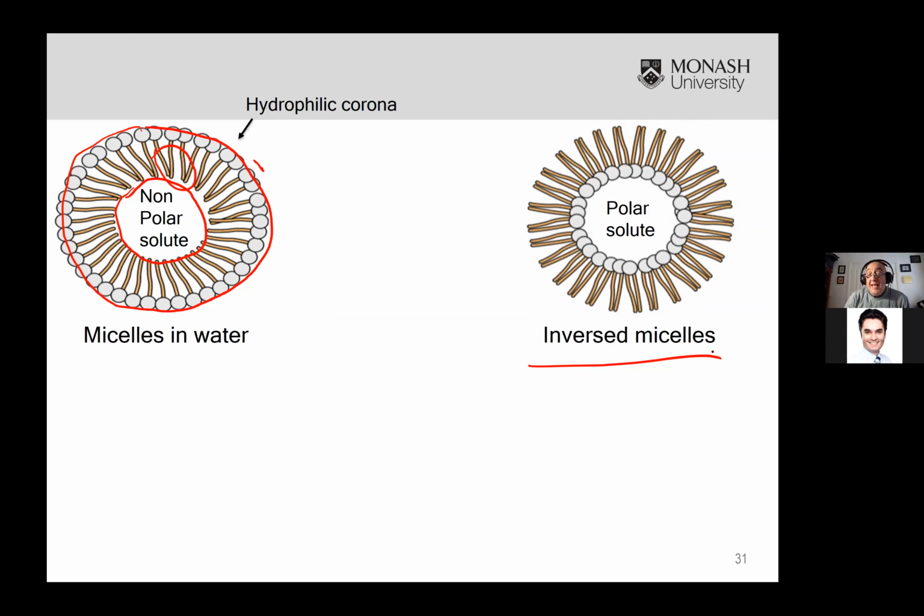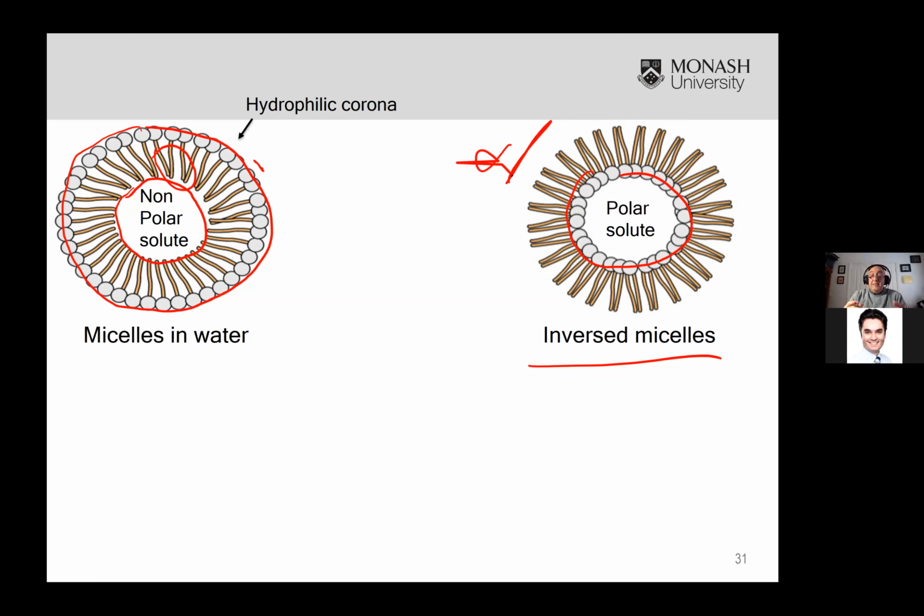In fact, what we have is that these hydrocarbon tails are now exposed to the solvent, right? While the polar heads now form the core. So they are pointing towards the interior of the aggregate to escape the contact with the solvent.